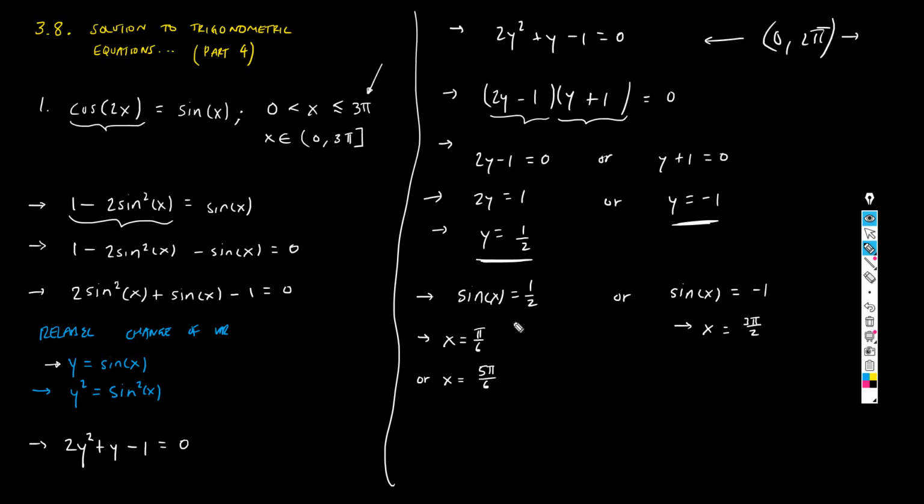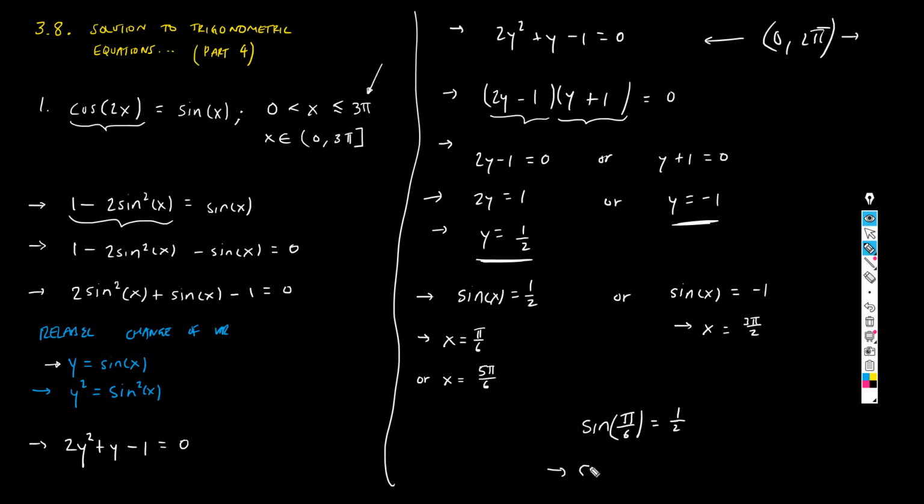For example, I'd like you to take your calculator, put it in radians, and then do this. If you write sine of pi over 6, remember, you need to put your calculator in radians. If you put this value, of course, you will get 1/2. That's clear, right? We have solved this equation.